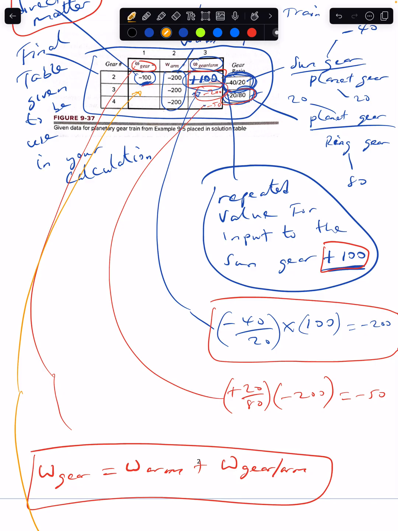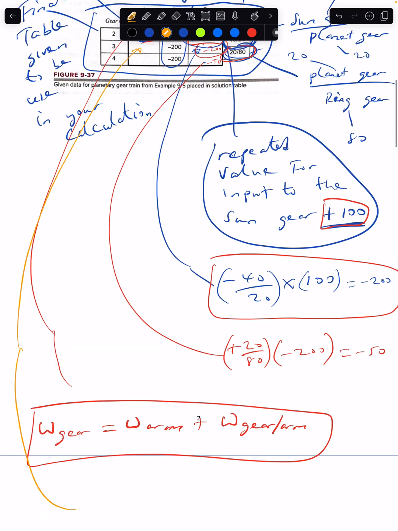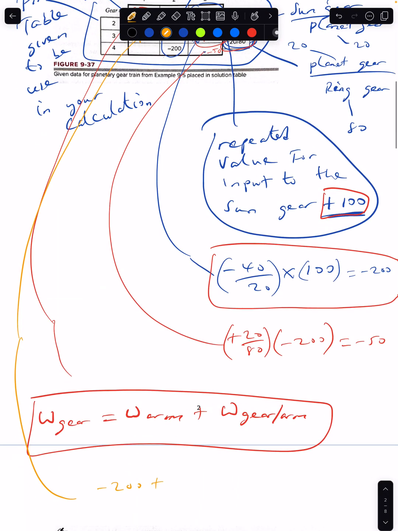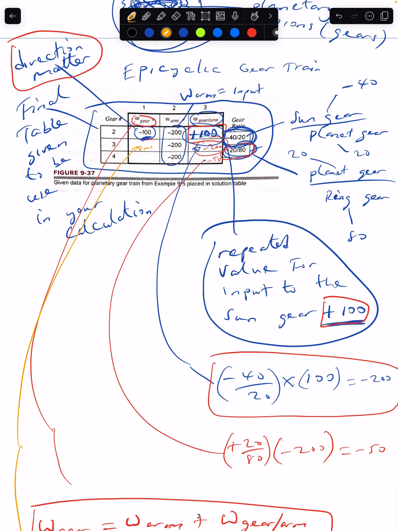So I have the angular velocity for arm, which is minus 200, plus minus 200, which gives me equal to minus 400, and this is minus 400.